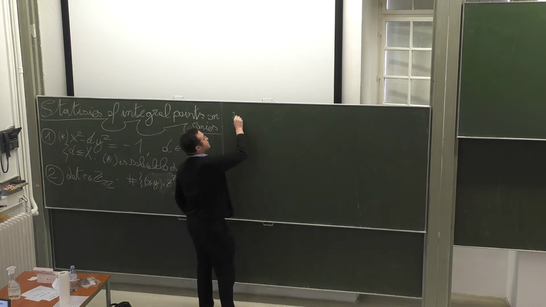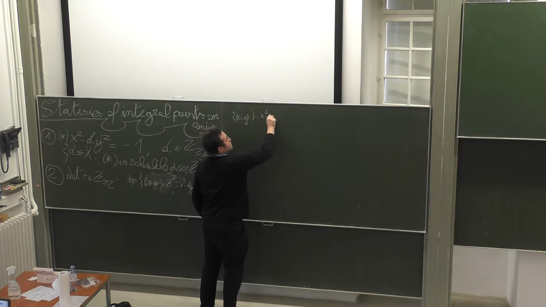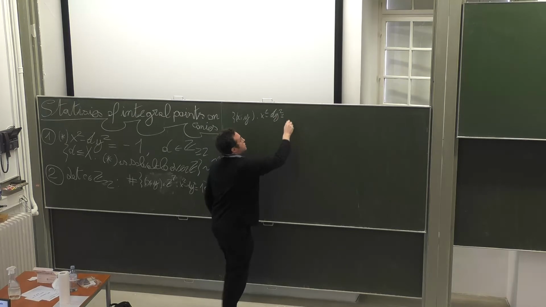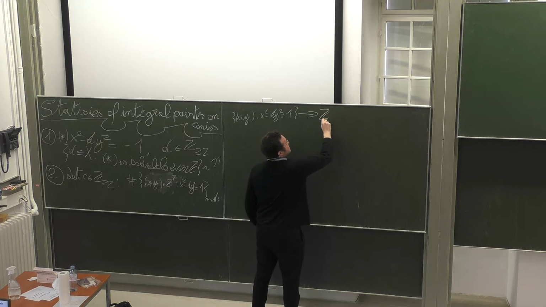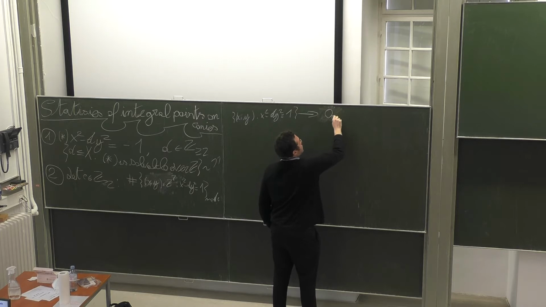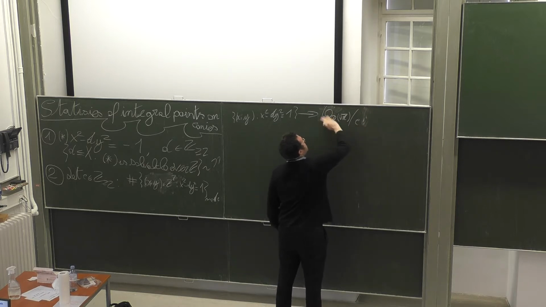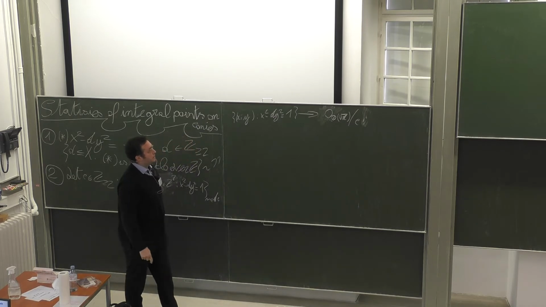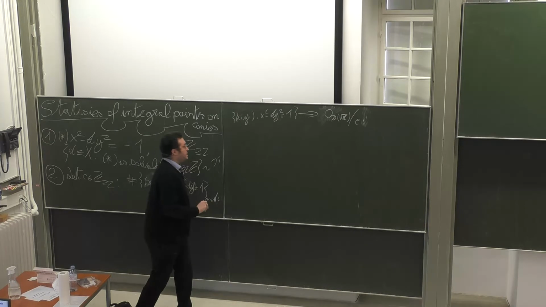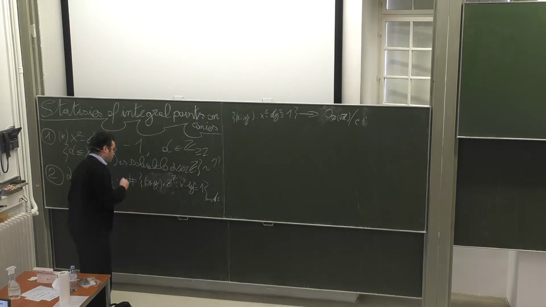Okay, so you have a natural map from the set of solutions (x, y) solving the Pell equation to the ring of integers of Q(root d) modulo C. Sorry, maybe I write it in this form.